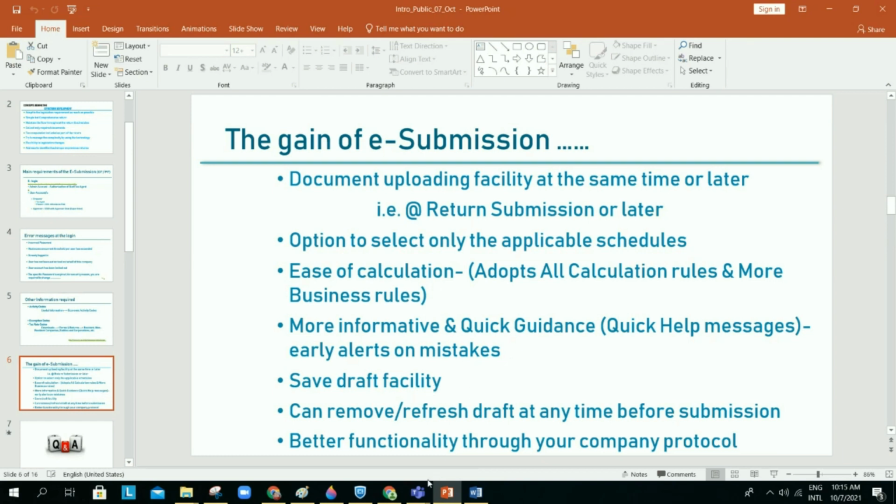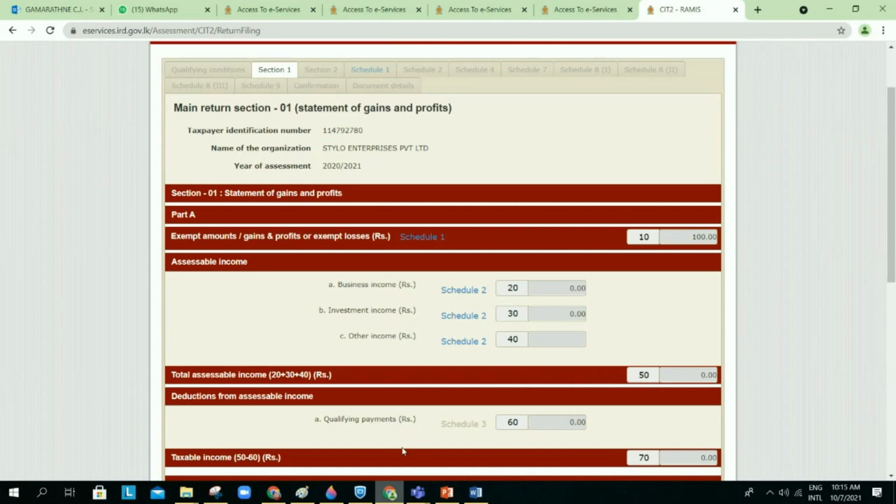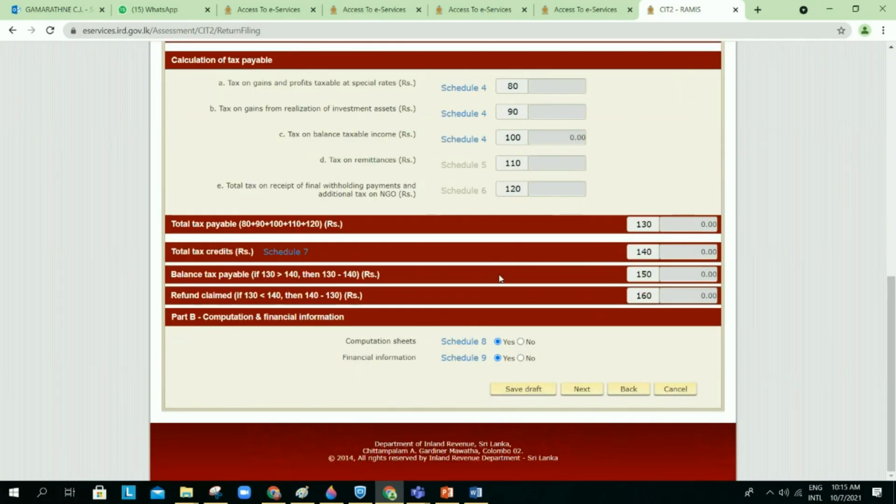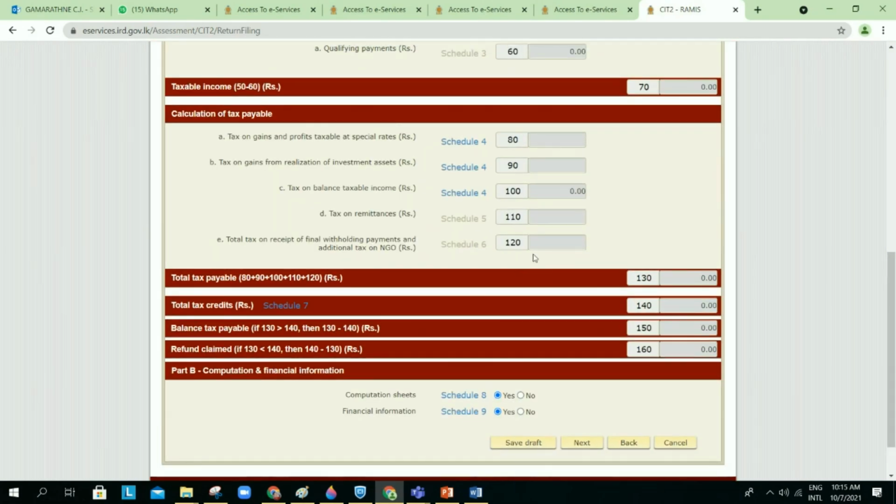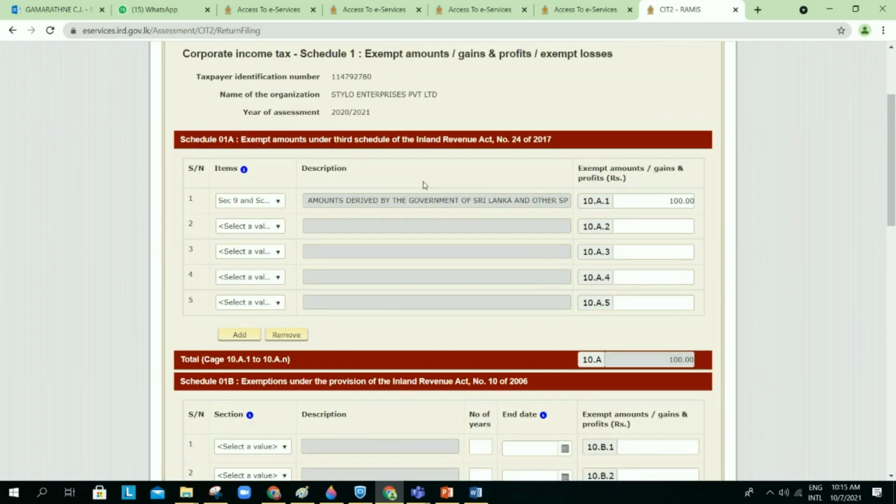Then when we go to the main e-return, you can see the blue color icon. Almost all the UI tooltips are given with the blue color info icon. You can see those helpful tips by hovering the mouse on that icon. Okay.